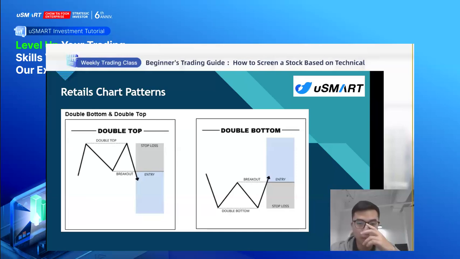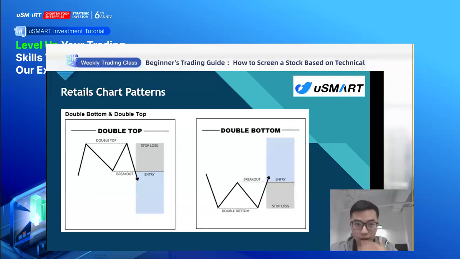The famous one is double top. I just use one example. Chart patterns can be double top, double bottom. So this is how retail makes an entry, puts a stop loss, and then maybe finds a good support or take profit target, and then you just leave the trade there.